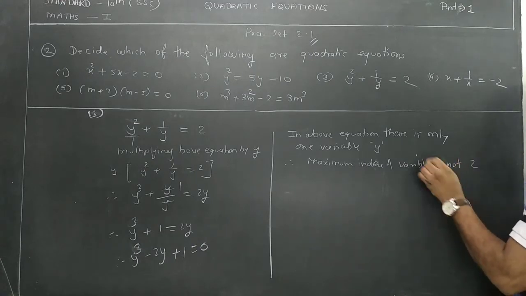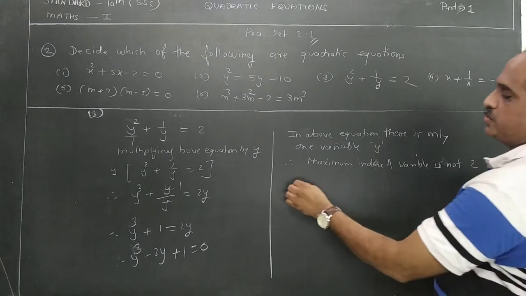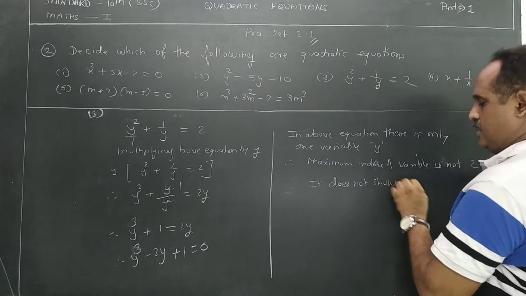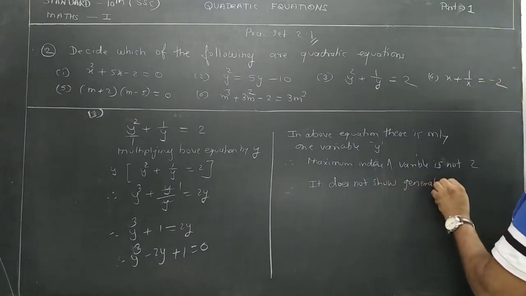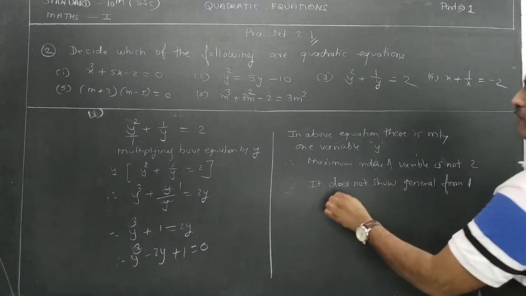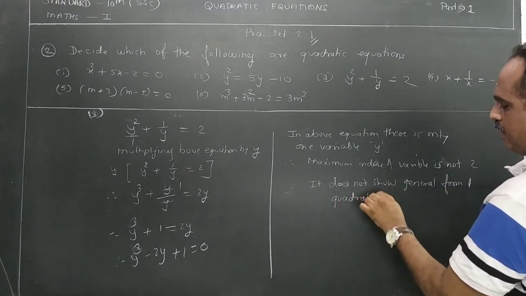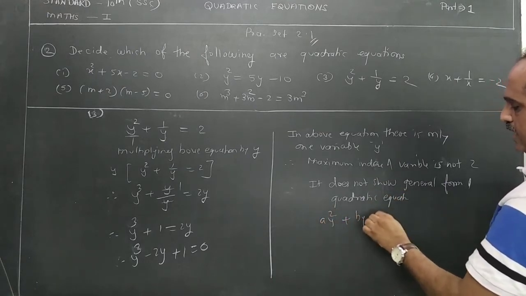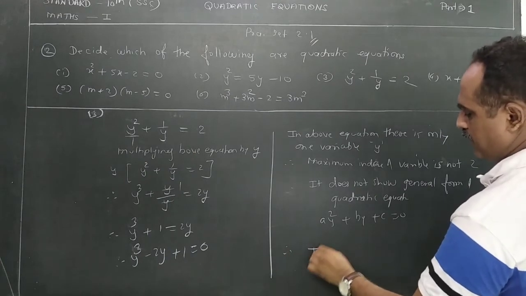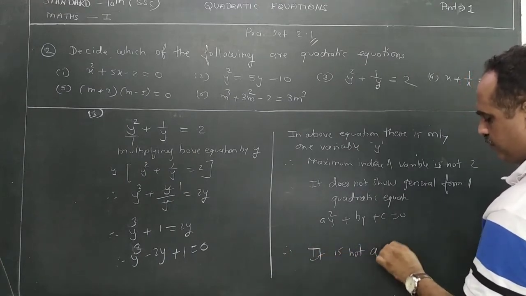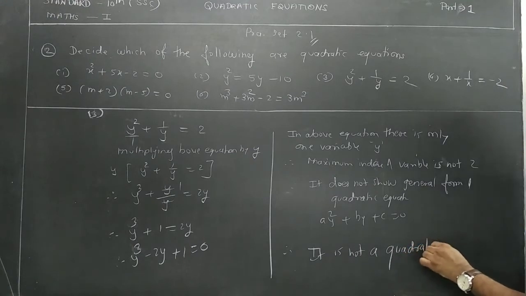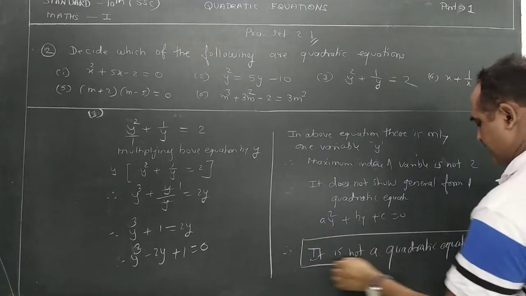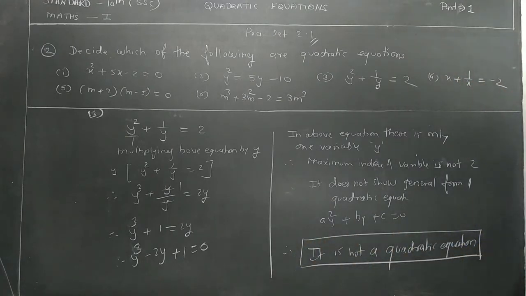It should be 2, but now it is 3. So it does not show the general form of a quadratic equation, that is, ay square plus by plus c is equal to 0. Therefore, it is not a quadratic equation.